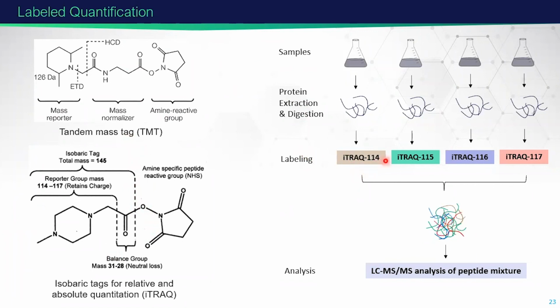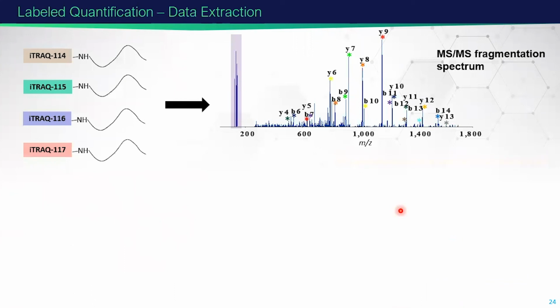For example, if you're using iTRAQ, and you have 4 samples, you can label them with tags of different mass-to-charge ratios. You can combine those samples together since they are already tagged with different masses, and then send them to the mass spec together. So instead of looking at the MS1 intensity over time as your quantification, now you are looking at a peak of these tags as your quantification.